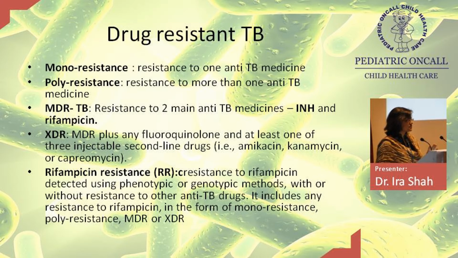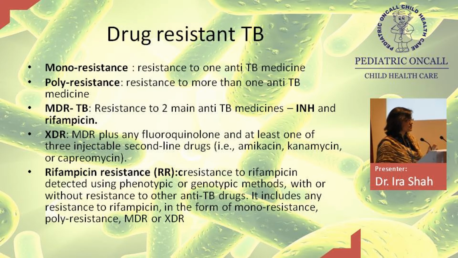Now we have a term called XDR TB. XDR is extensively drug resistant, which means you already have an MDR, INH and rifampicin resistance, plus you are resistant to one of the fluoroquinolones, and to one of the injectables, of which you don't count streptomycin, you count amikacin, capreomycin or kanamycin.